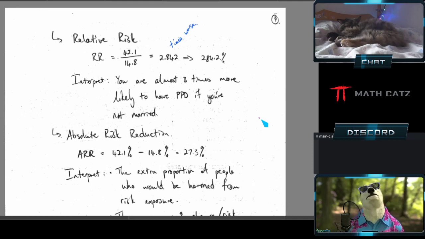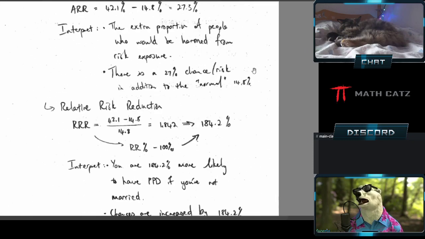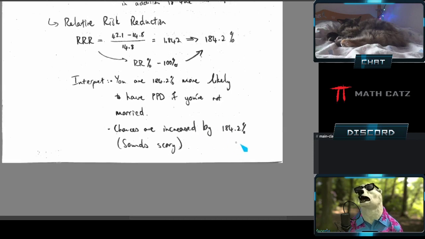But to the casual or somewhat casual reader, the impression that you get from reading you're three times more likely to have postpartum depression if you're unmarried, versus your chances of having postpartum depression are increased by 184% if you're not married, one of them, to you personally, would sound a little bit more impressive than another. And this is where the subjective aspect of presenting the information unfortunately comes in.